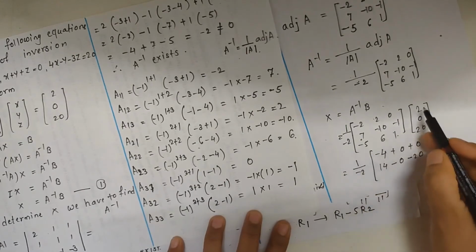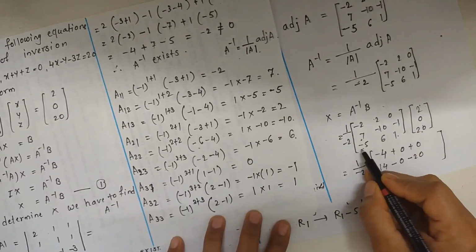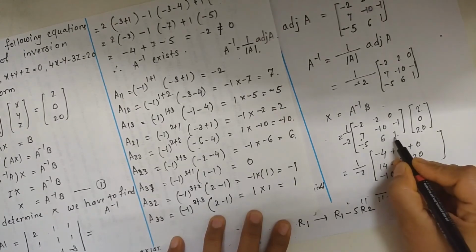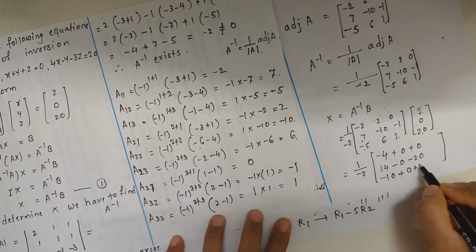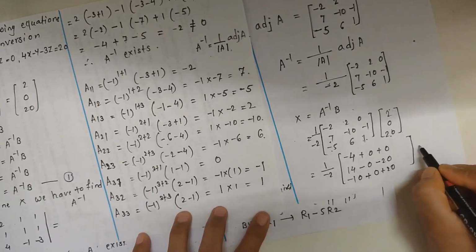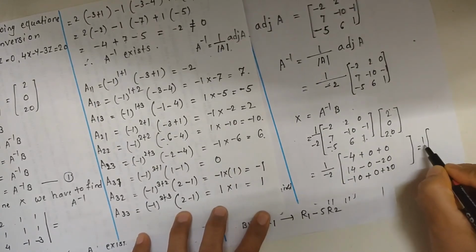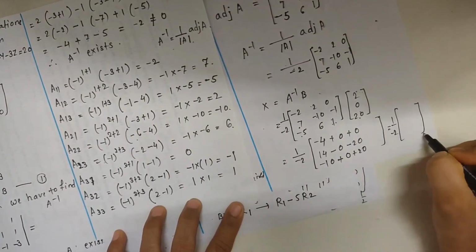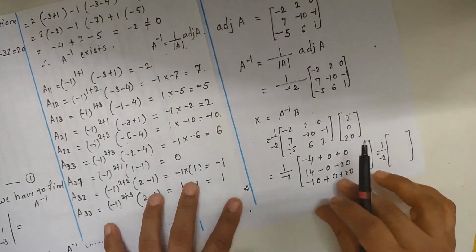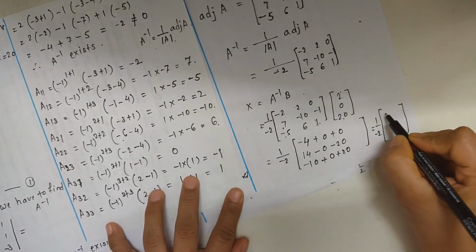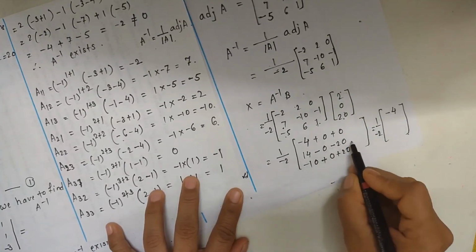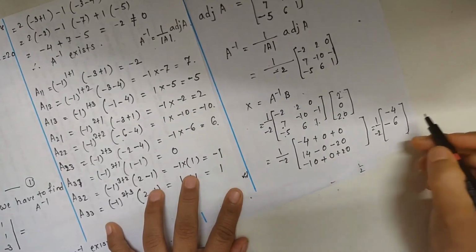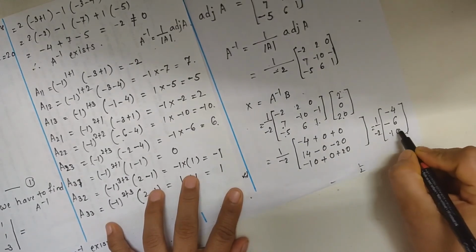Now the third row into the first column elements, minus 5 into 2, minus 10 plus 0 and 1 into 20 plus 20. Then we get the matrix 1 by minus 2 into, by calculating these elements, minus 4, 14 minus 20, minus 10 plus 20, that is 10.